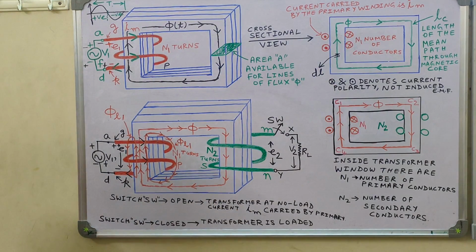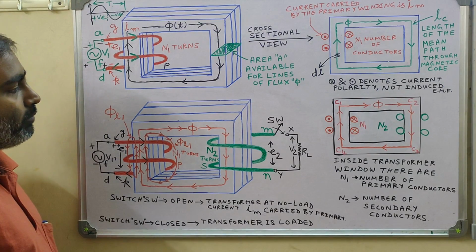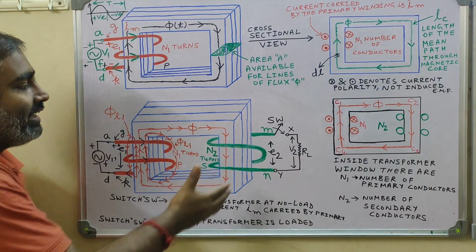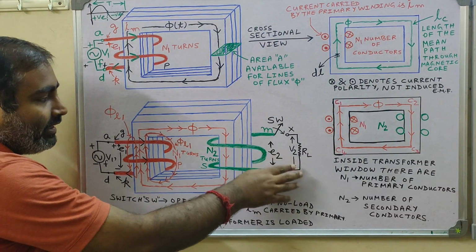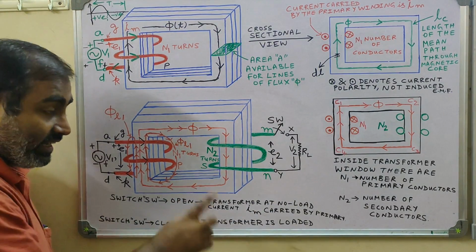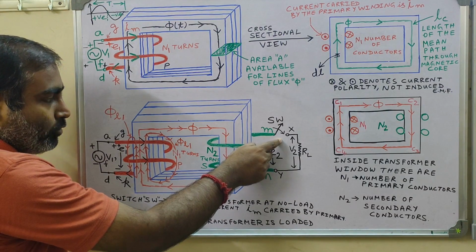So that means what? If the secondary winding is not delivering any power to the load, that means it is at no load condition. So it is not delivering any power to the load in case the switch SW is kept open.